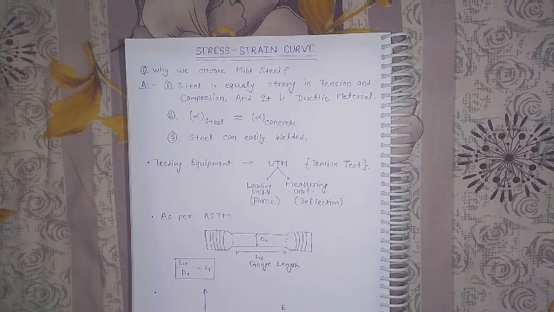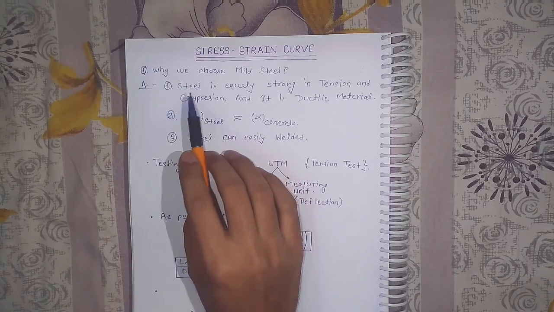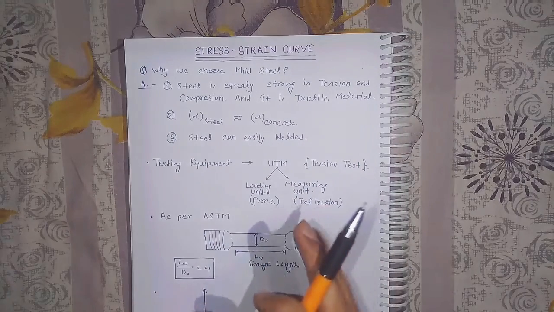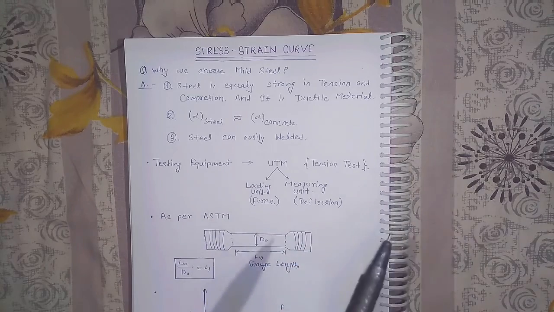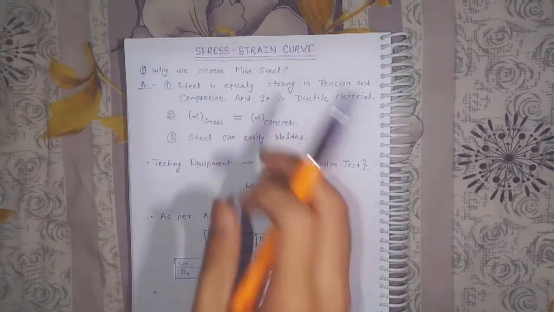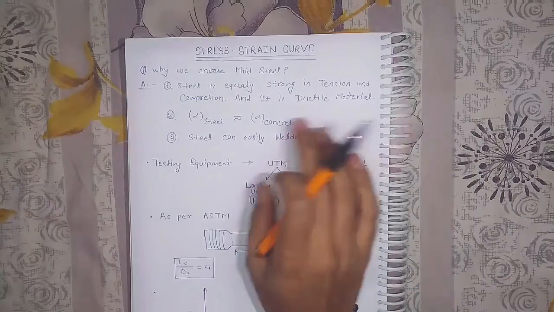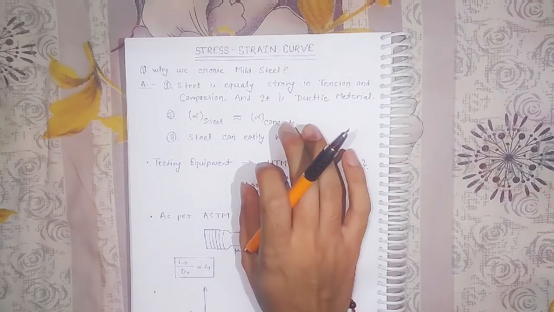Why do we choose the mild steel? There are three reasons for that. First, steel is equally strong in tension and compression both. It is strong in tension and compression both, and it is a ductile material, so the failure will be ductile in nature.